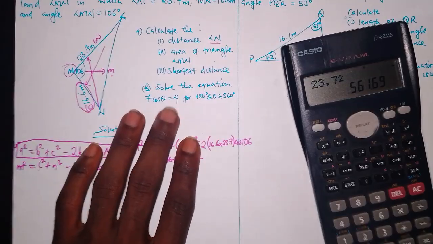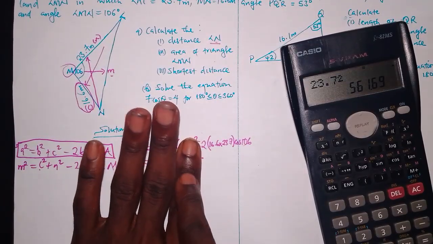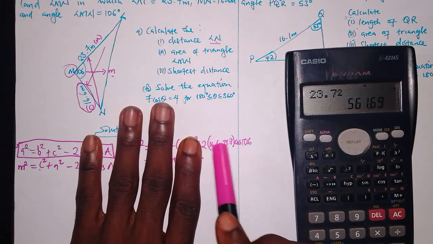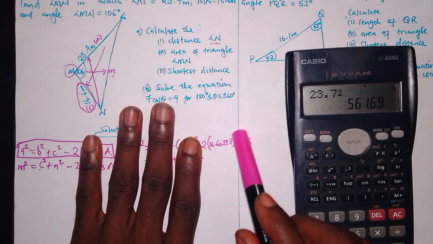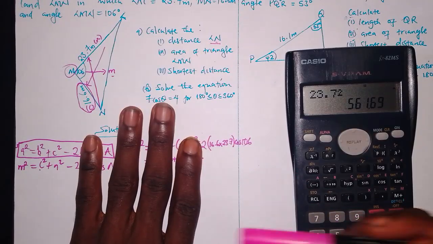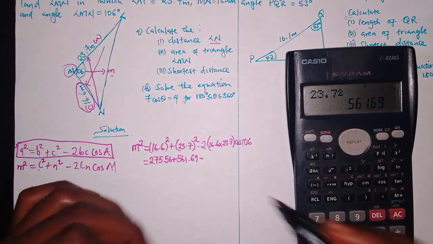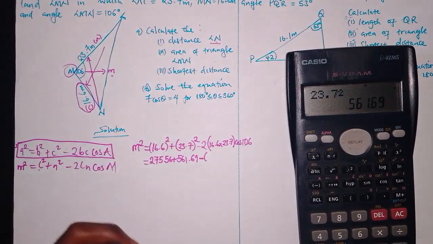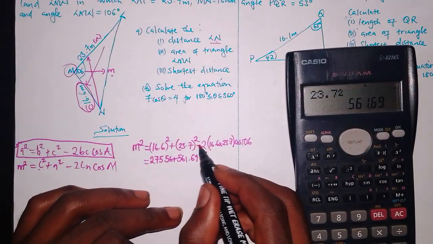So here, remember, I've put a minus here. You have seen, so I'll do like this. Then I'll multiply this side, starting with cos 106 going this side. So you say here minus, then in brackets you multiply. So this minus is this minus.